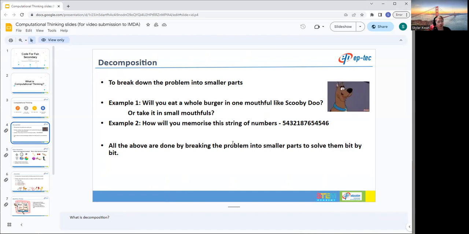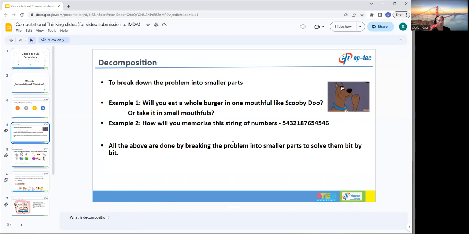Another one, how will you memorize this string of numbers? You try. Tell me how you memorize. Okay. What about you? Okay, very good.